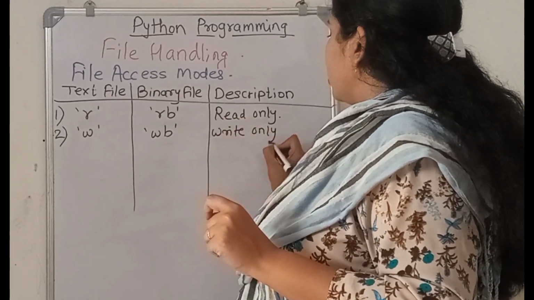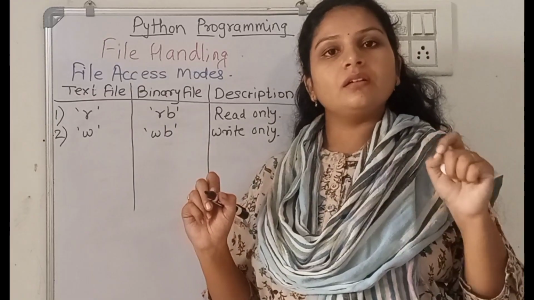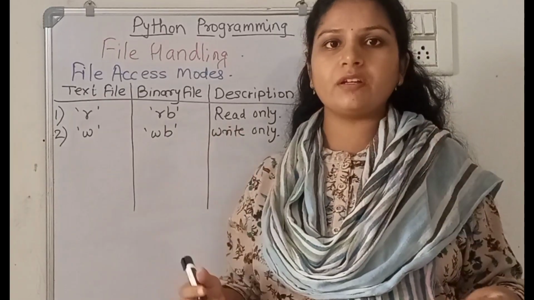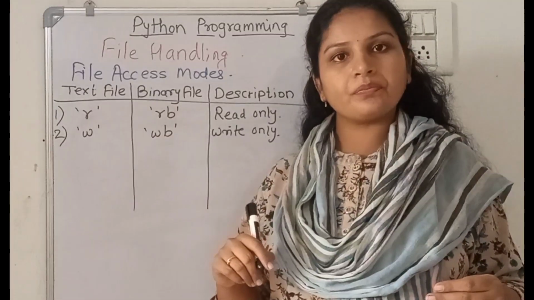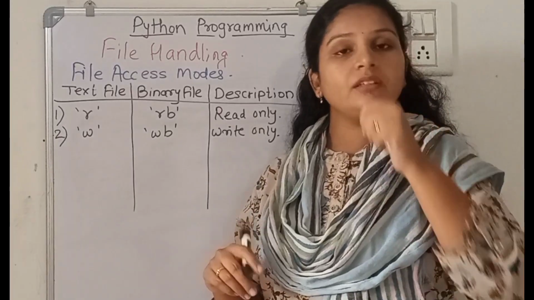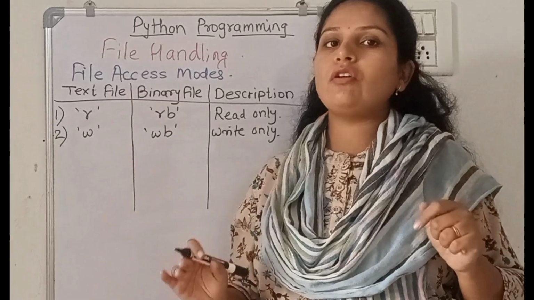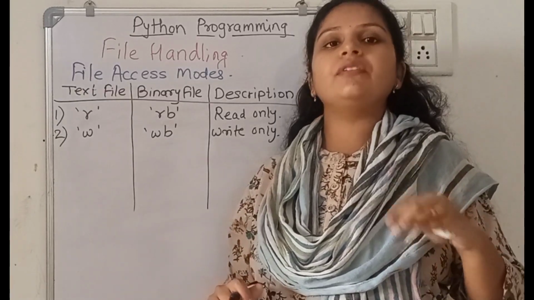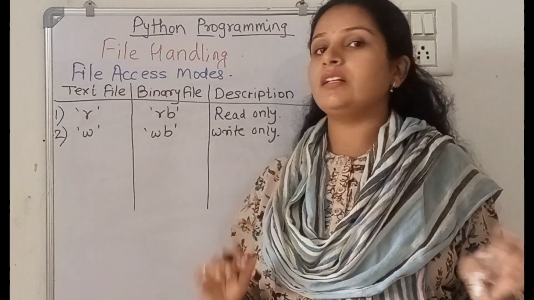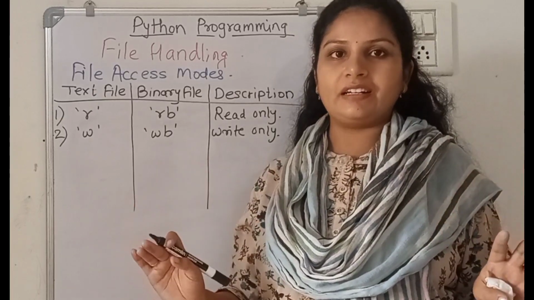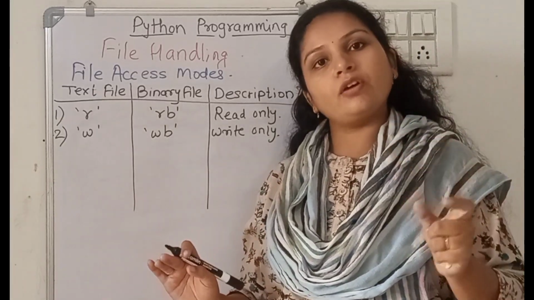With write only, you can write to the file. First you open the file using W mode, and then you can write any content to that file, but you cannot read that content. If the content already exists in the file, you cannot read it, but you can write any new content to the file.